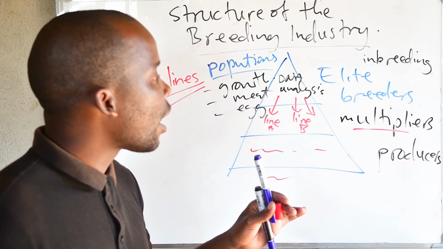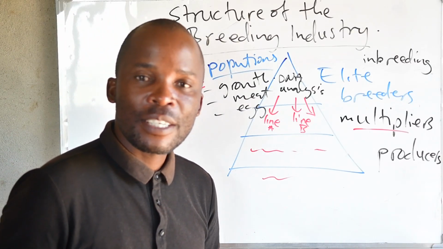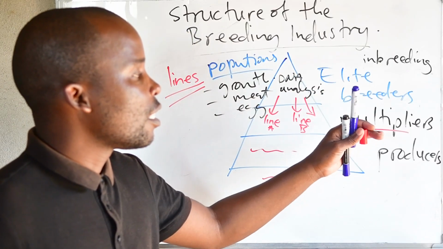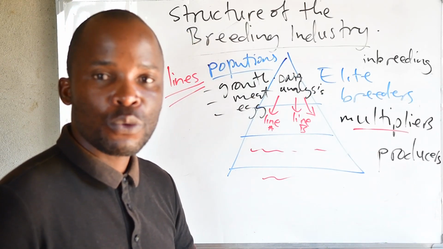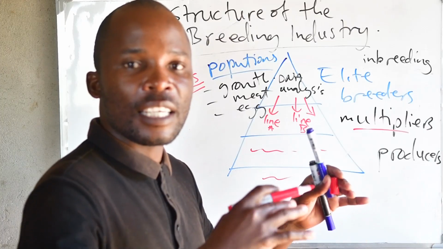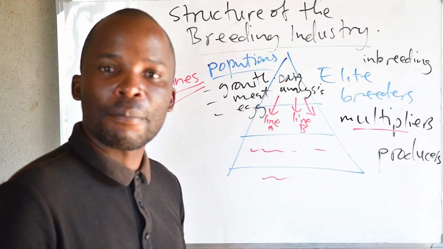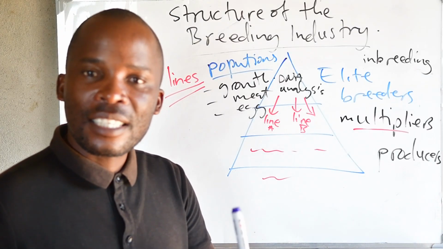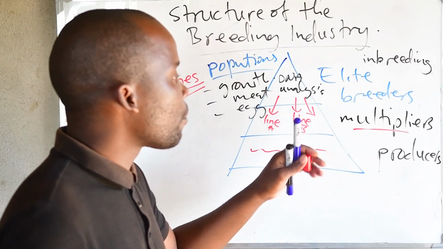So now you are aware of who occupies what: the elite breeders, the multipliers, and the producers who are just getting the products, be it eggs or chicks, that have been prepared by multipliers.